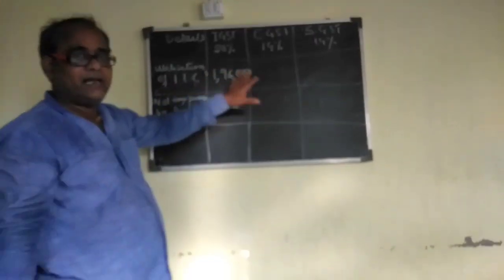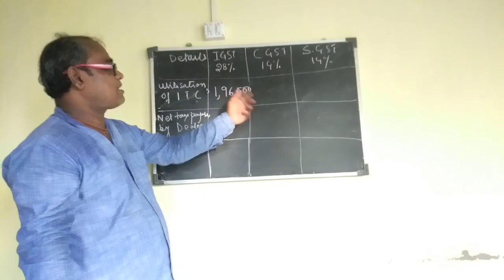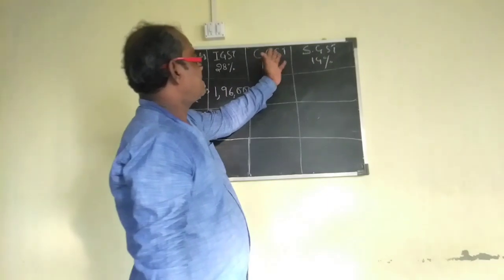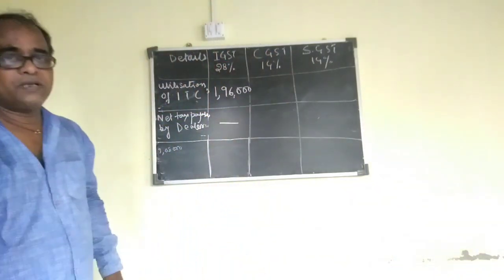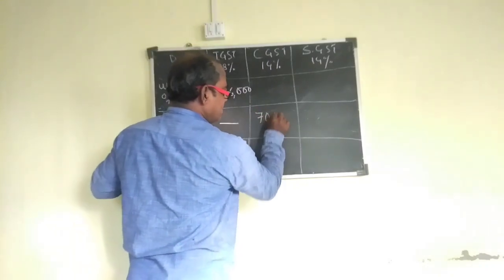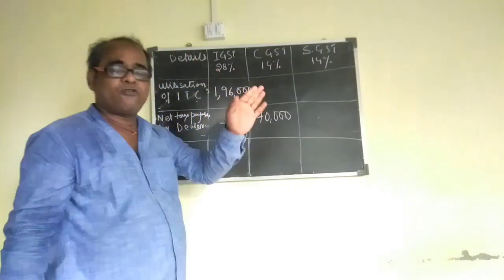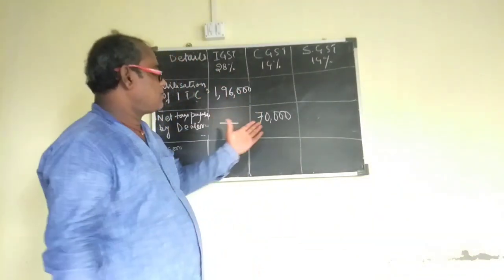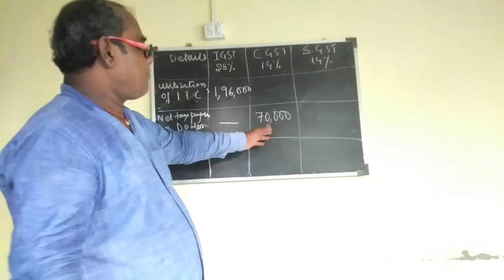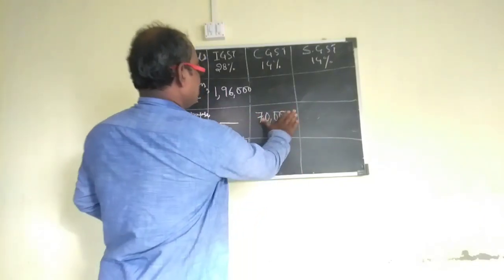Now we had 3,08,000. From 3,08,000 we have reduced 1,96,000. So the rest of the money will be adjusted over CGST. Our CGST was rupees 70,000, so that money will be adjusted over here. After deducting 1,96,000 from 3,08,000, we have 1,12,000.